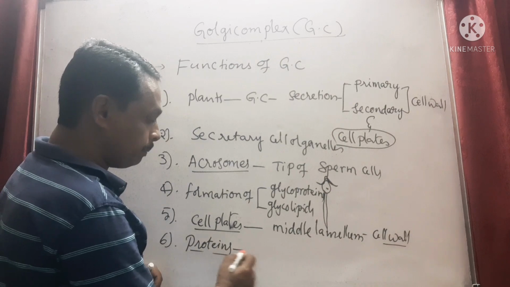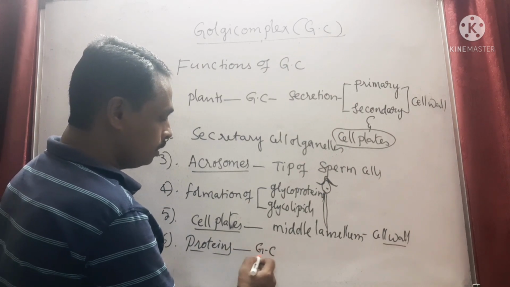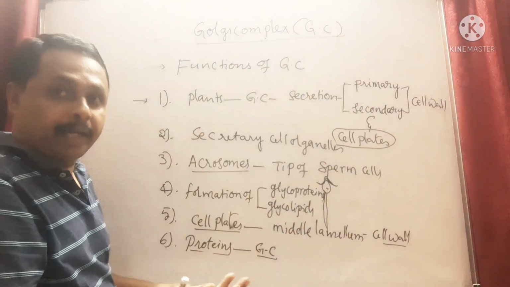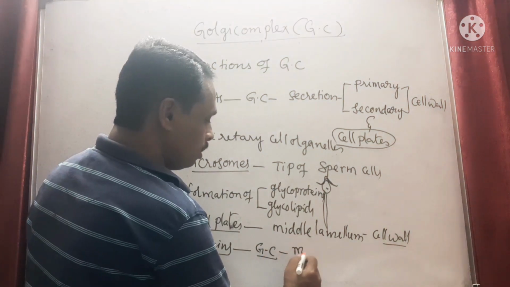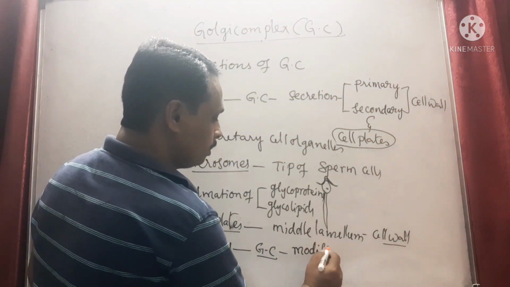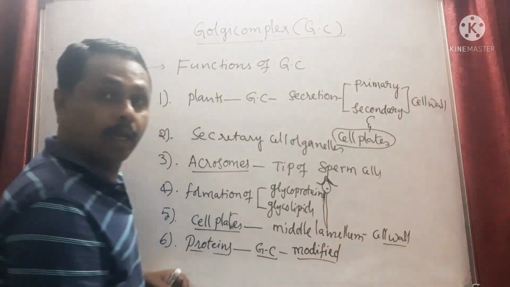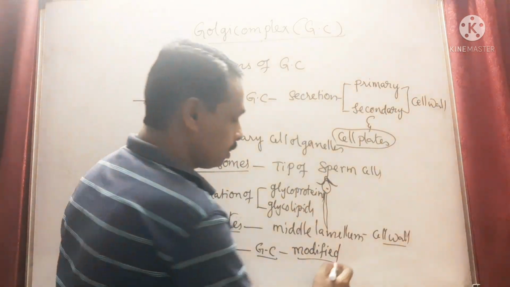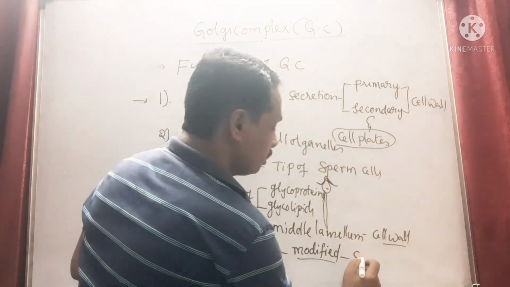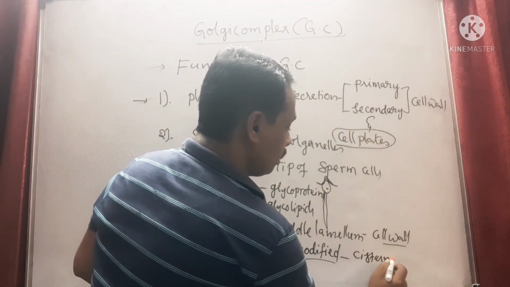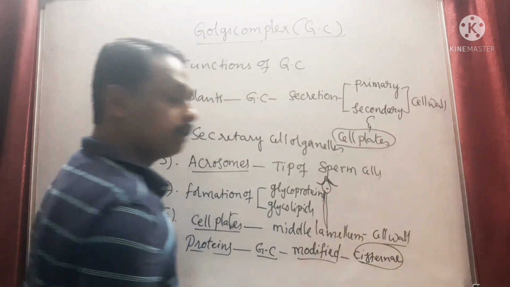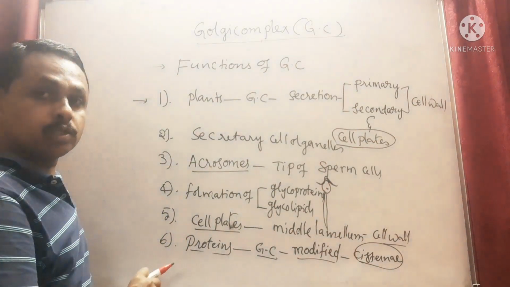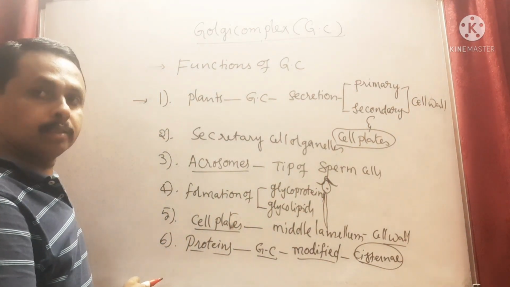As these proteins are supplied to the Golgi complex, the proteins are modified, their structure, within the cisternae of the Golgi complex. This is the sixth function of the Golgi complex.